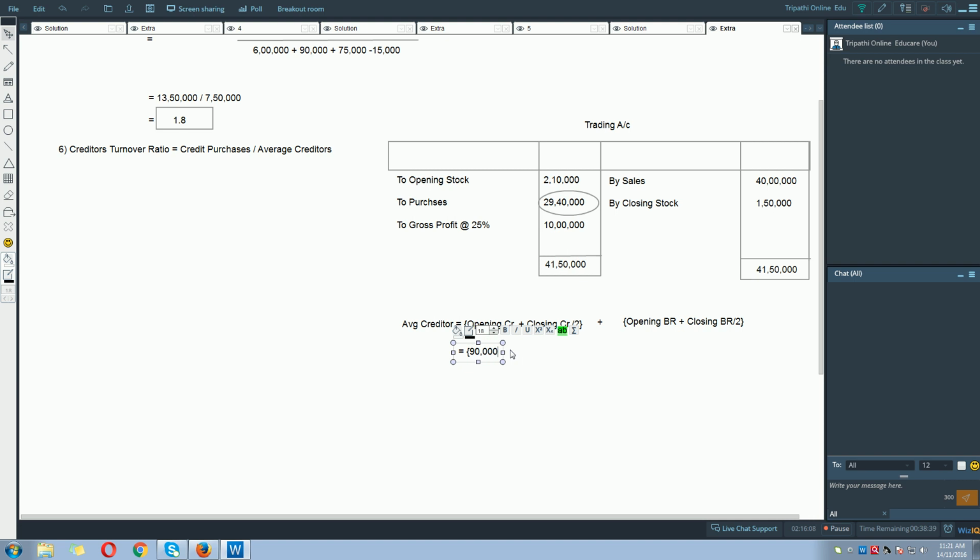So as no information is given, you will have to assume that all the purchase is on credit basis. Same way, we will have to calculate average creditor. So how to calculate average creditor?